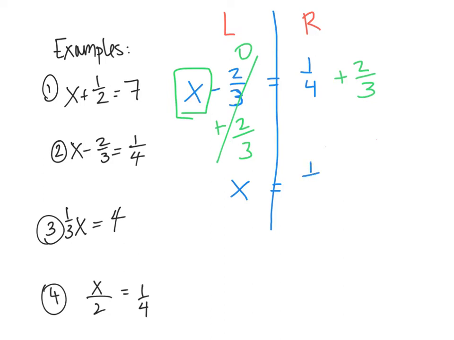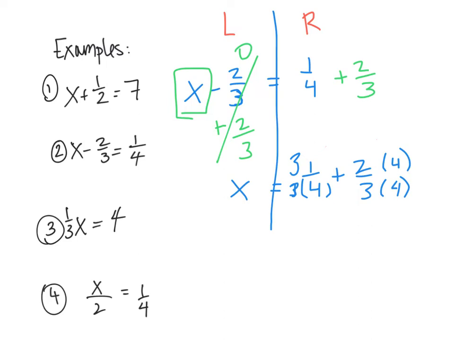And now I need to add my fractions here. So again, when I'm adding and subtracting, I need a common denominator. In this case, we need to multiply the two denominators together to find the common denominator. And you can always do that. So if you're not sure if there's one that they have in common, you can always multiply them by the opposite.